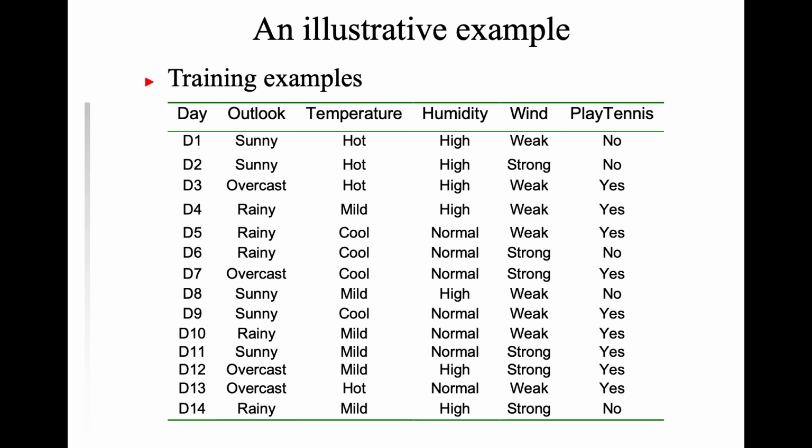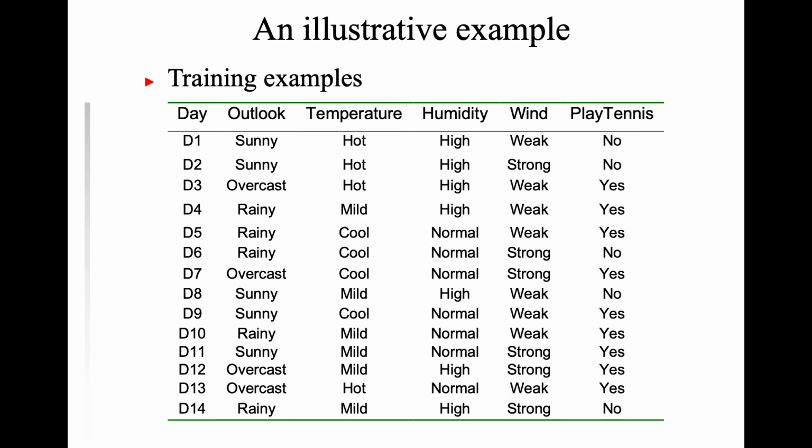So how many high do we have? 7. Out of these 7, how many belong to class yes? 3 of them belong to class yes. So we have S high, 3 plus. How many belong to class no? 4. So that's the meaning of this.